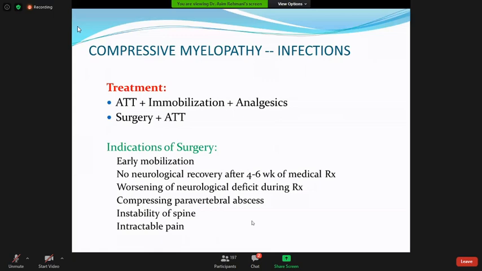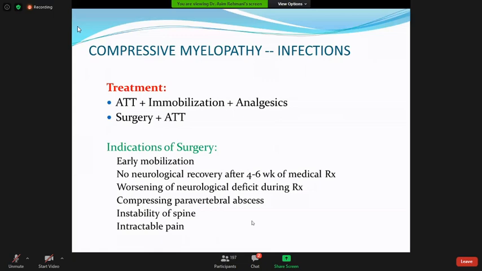The indications are if we need early mobilization, or the patient's neurological recovery is delayed, or he or she has progressive neurological deficits, or a large paravertebral abscess, or the disease is causing instability of the spine, or the patient has intractable pain.